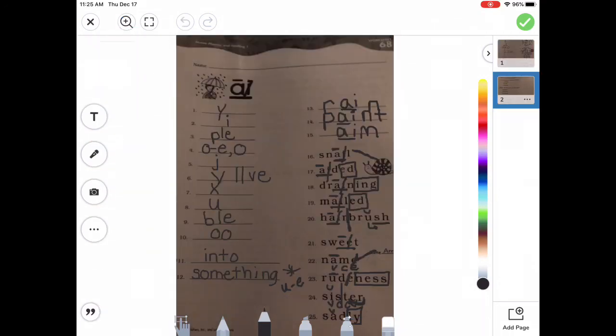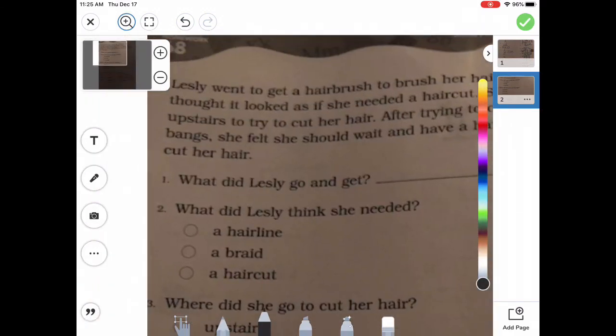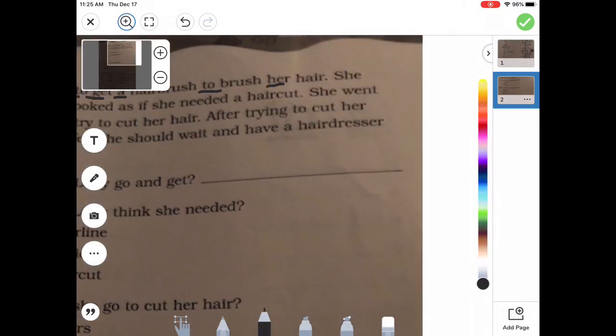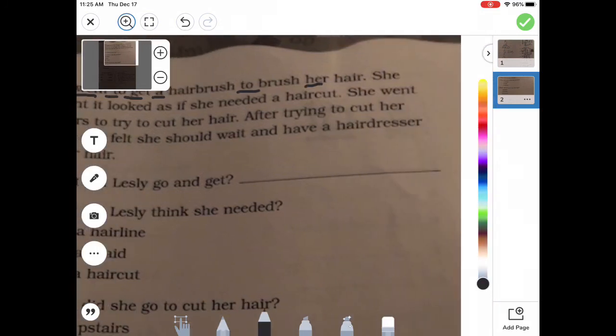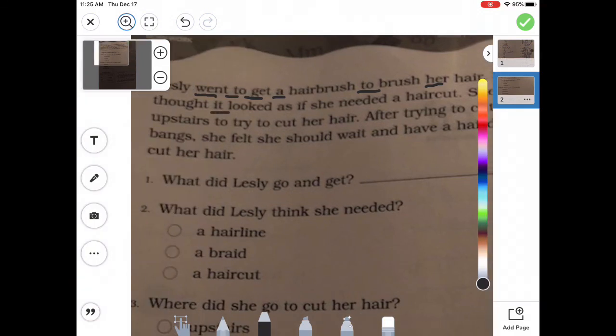Very good. All right, on the back, you're going to help me listen as I read and watch what I'm reading, and then you're going to help me with some of the words at the end. Are you ready? So it says, Leslie, I've got the L-Y, went to get a hairbrush to brush her hair. She thought it looked as if she needed a haircut.